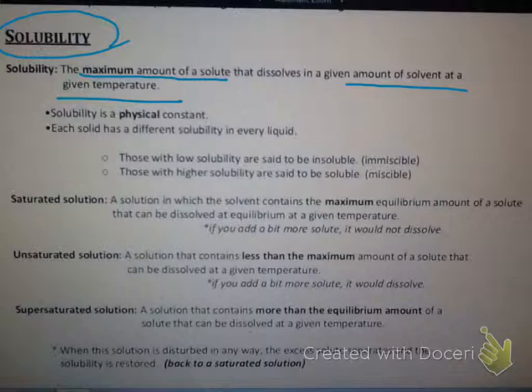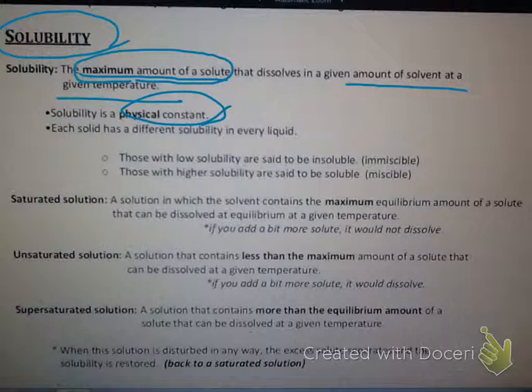Let's think about what this means. If I want to list the solubility of sodium chloride in water, I can look up that physical constant on a chart or a CRC or some kind of table, and I'm going to get a number out of there. That number will have units too, but it's going to tell me the maximum amount of solute that dissolves in a certain amount of solvent at a given temperature.